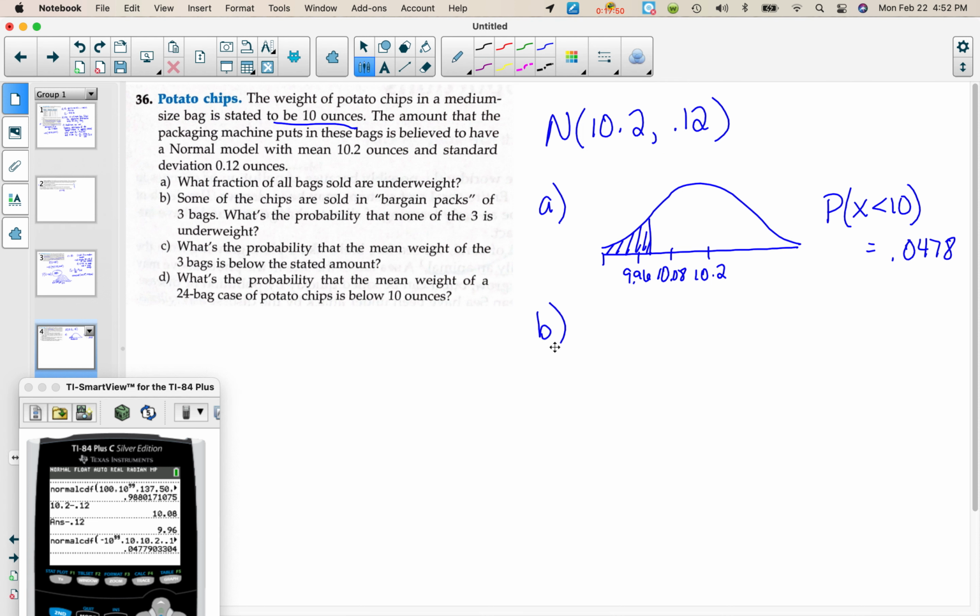So then in part B, it says some of the chips are sold in bargain packs of 3 bags. What's the probability that none of the 3 is underweight? None is underweight. So that means the first one is not underweight. So let's think about that.